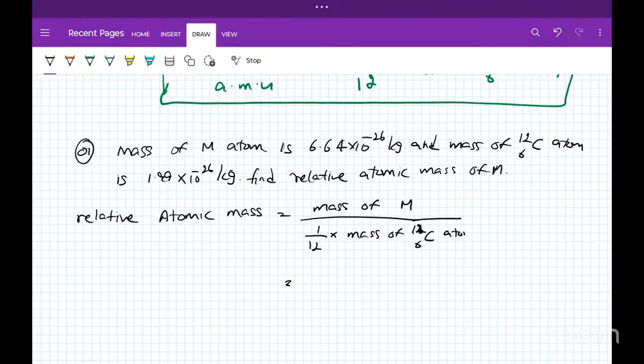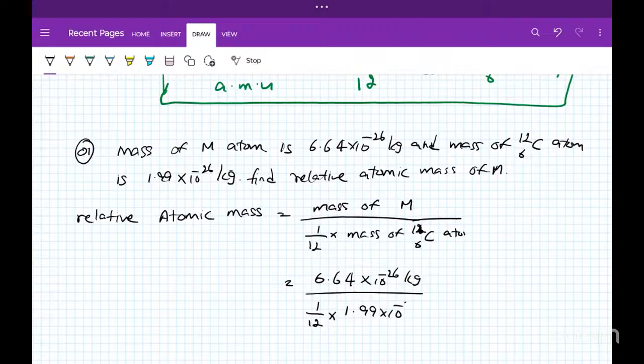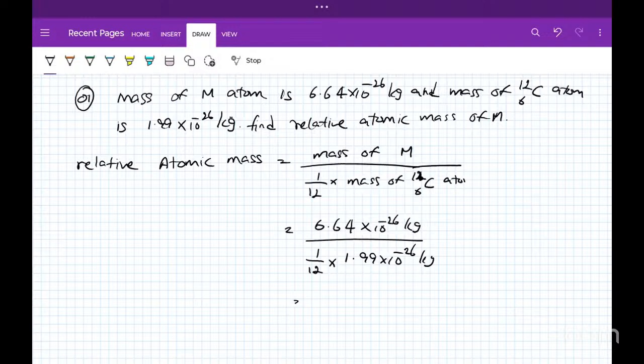So the mass is 6.64 into 10 to the power minus 26 kilograms divided by 1/12 of the mass of the C612 atom, which is also given as 1.99 into 10 to the power minus 26 kilograms. So you can do this calculation and get the answer accurately.